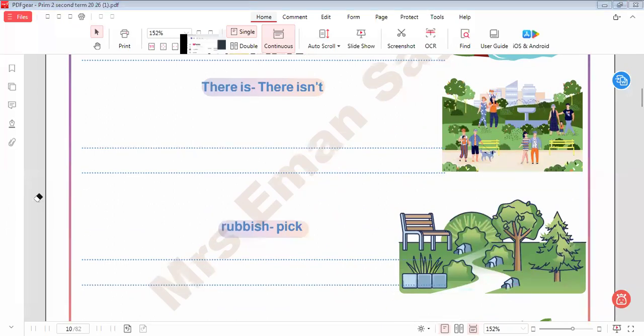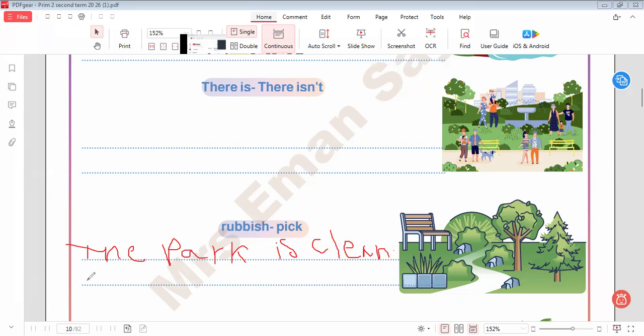I write here two sentences, so that I am able to write two sentences in a good way. We say here the park is clean. The park is clean.